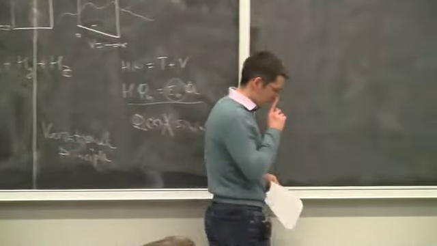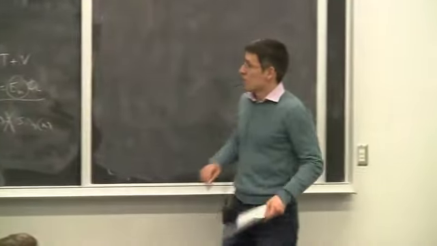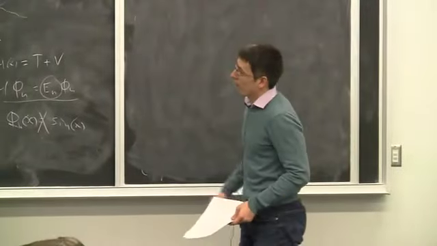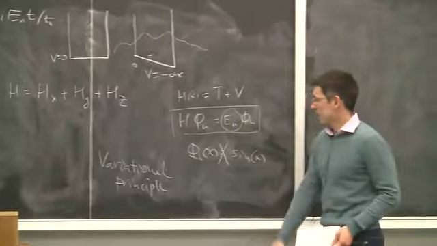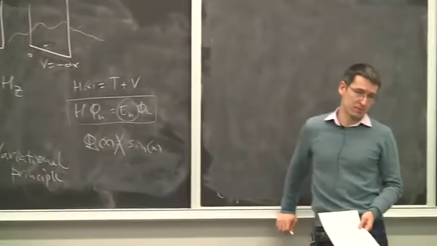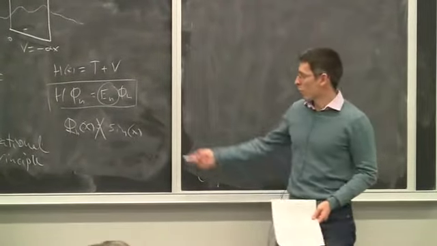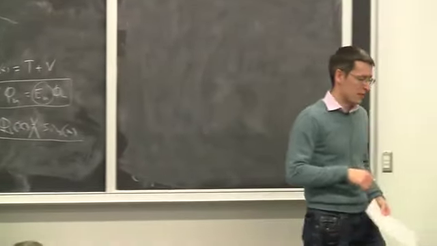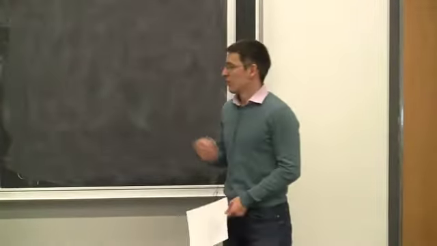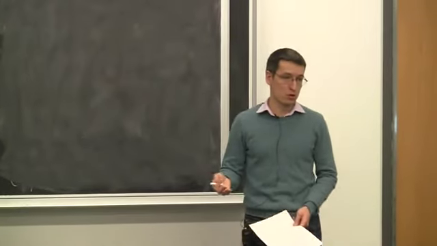Now it turns out that this variational principle helps us to solve any problem in quantum mechanics, at least approximately. That means we won't obtain analytical solutions, but we will be able to obtain solutions which are very close, or arbitrarily close.